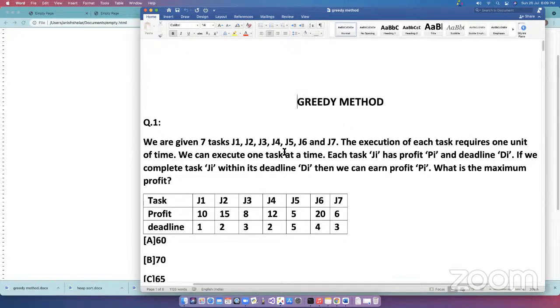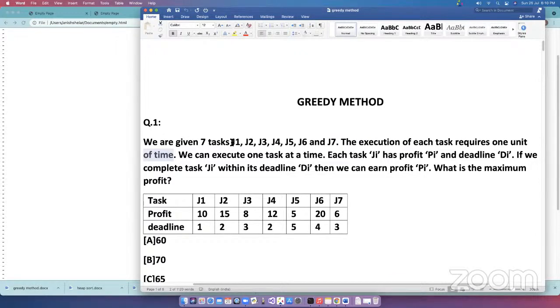There is a problem where we have been given 7 jobs, 7 tasks, let's say J1 to J7. We want to perform these tasks, and the execution of each task requires only 1 unit of time. Only 1 unit of time.